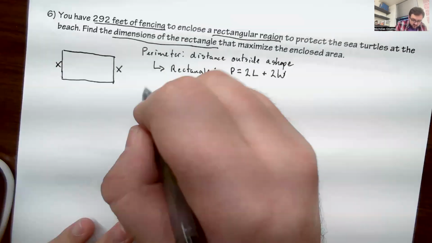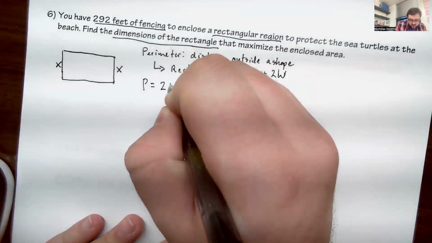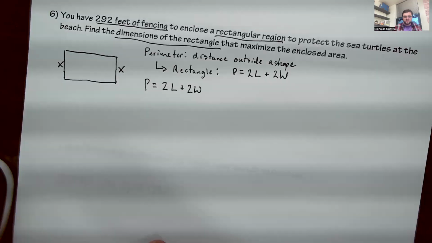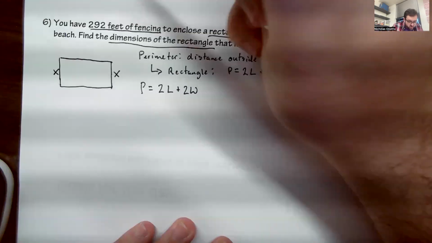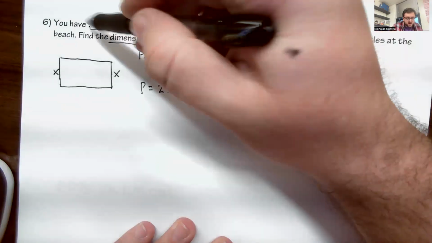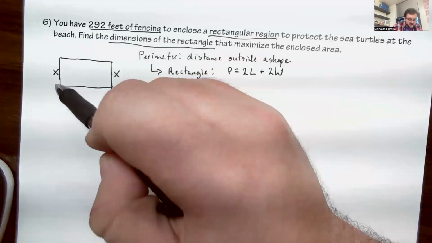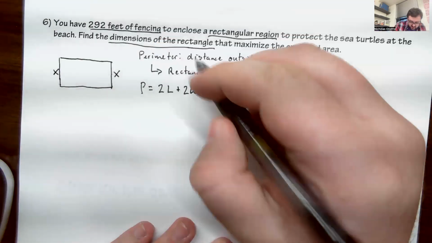Now, if we look at this equation, P equals 2 length plus 2W, we actually have some things we know already. We know that the total amount of fencing we have is 292 feet. Whatever our rectangle size is, it has to be covered by 292 feet.